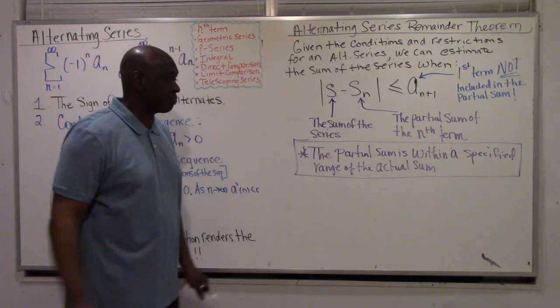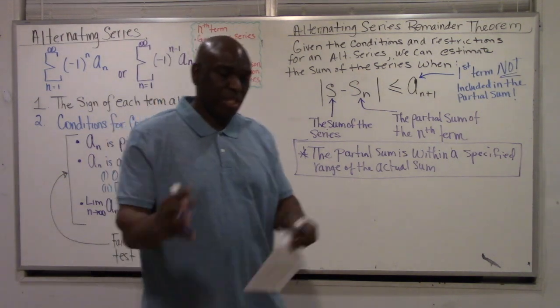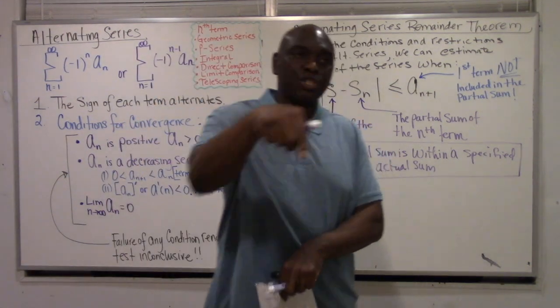That's what it tells you. The partial sum is within a specified range of the actual sum.